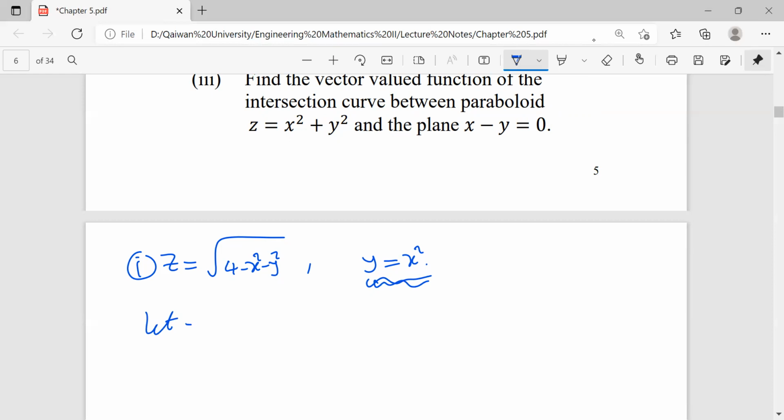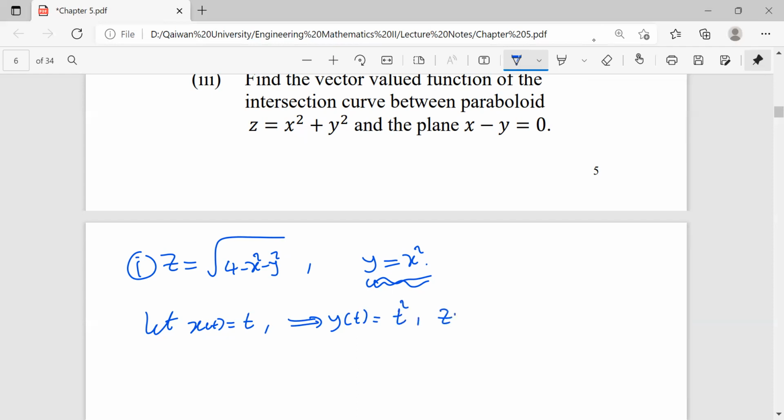You let x be, let's say, t. How about y? So this is x of t actually. X of t to be t. Then y of t equals what? We replace x by t, we get t squared.